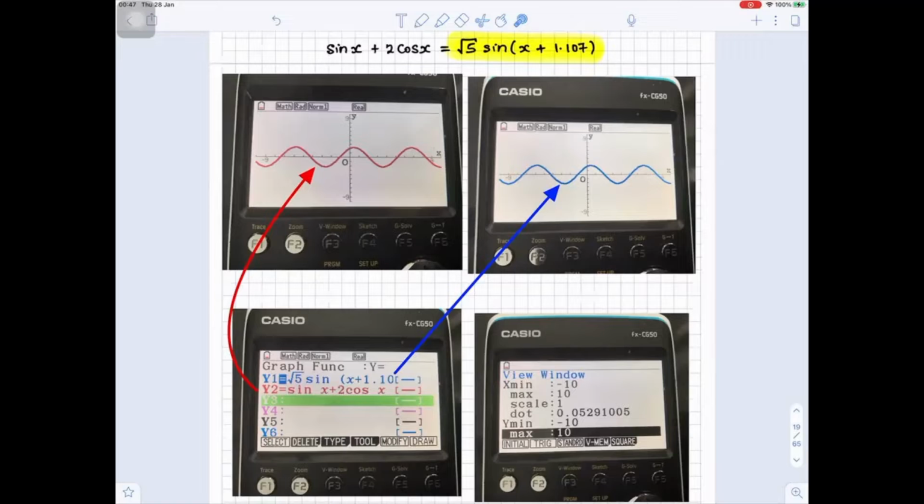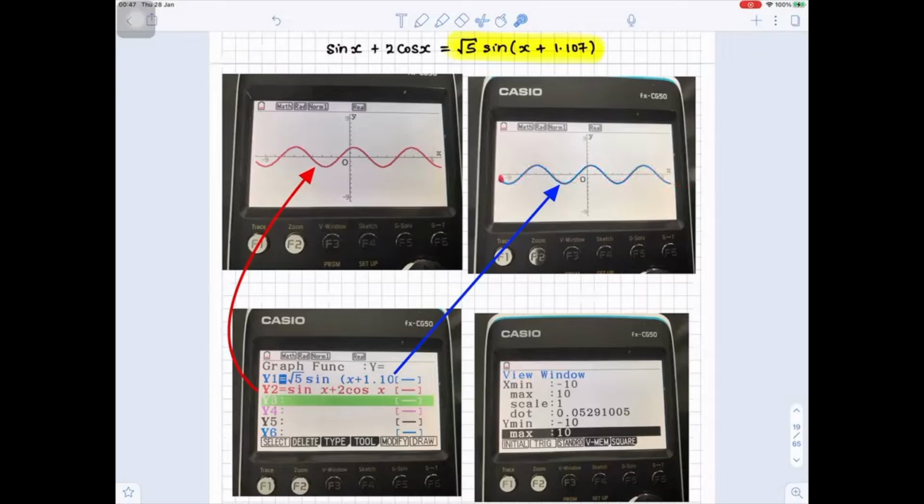and that's something you can do to check your answer in an exam, you will plot sine x plus 2 cos x, and that will be this red graph. When you put that in your calculator as y2, it will be this red graph you see there. And when you put the right hand side, square root of 5 sine of x plus 1.107, it will give you this blue graph. So you notice that you can take the red graph and put it on top of the blue one, and they will fit together.